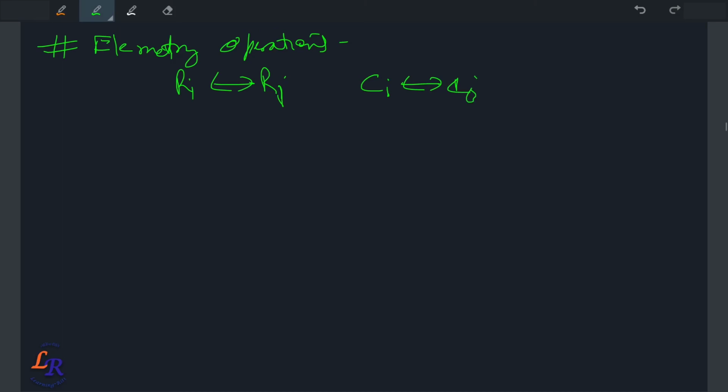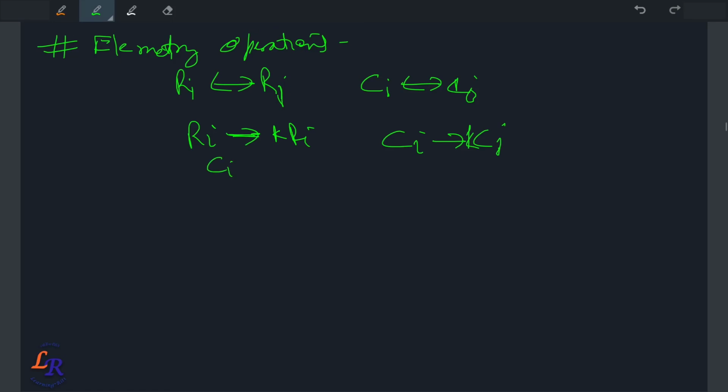This is how it was represented. You can also multiply a row or a column by some constant k, or you can shift a column or row.